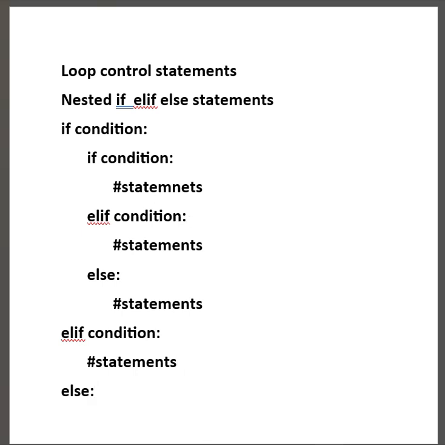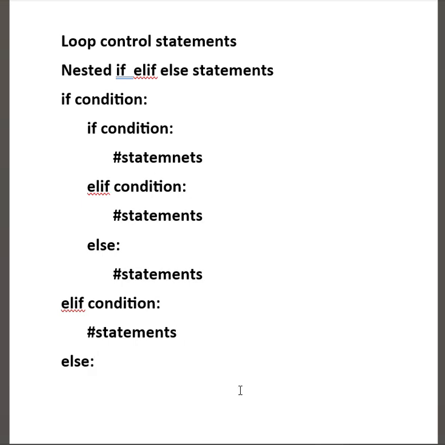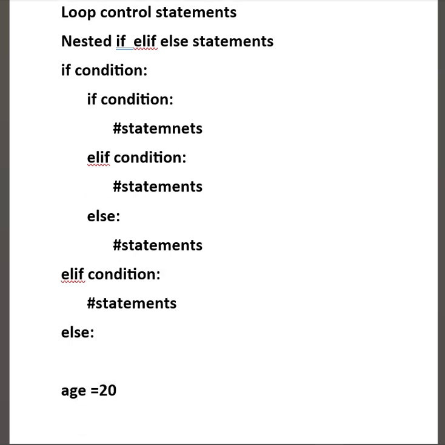I'm taking a variable age is equal to 20, and he has an ID card, has ID. ID card is true.